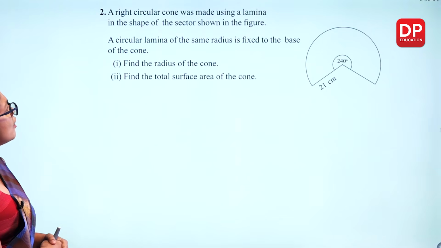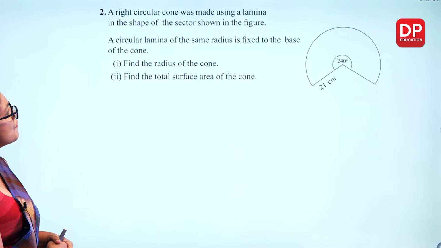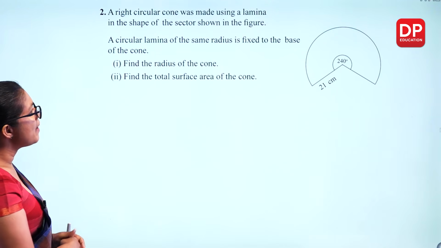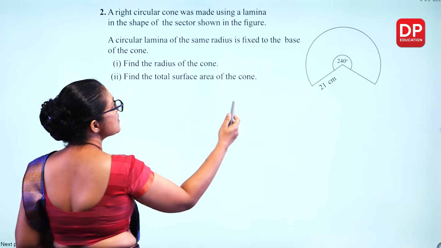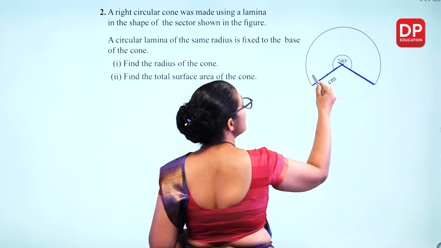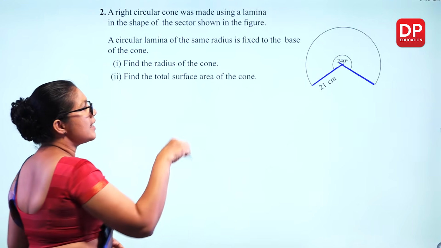So a circular lamina of the same radius is fixed to the base of the cone. Find the radius of the cone. So you are asked to find out when you make the cone, what happens when you take this one and this one together, you get that one.